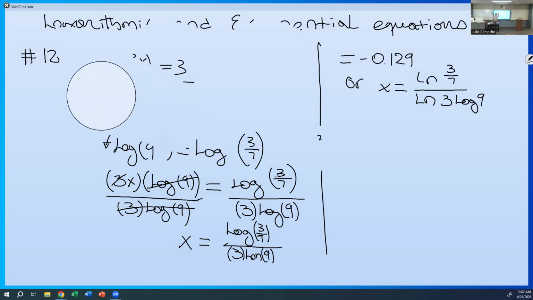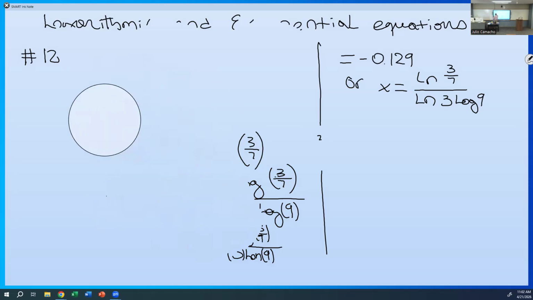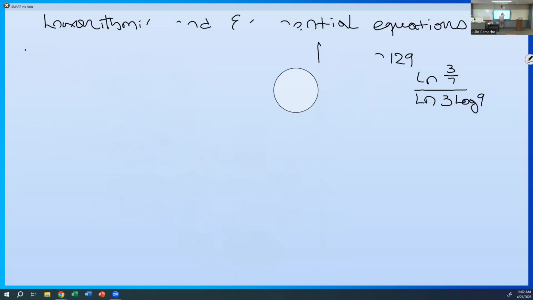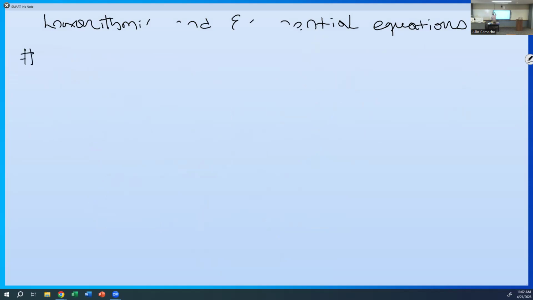Question 13. Let me erase all this stuff. Let's go to question number 13. You have 7^x equals 57.